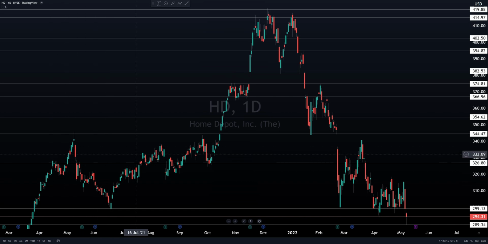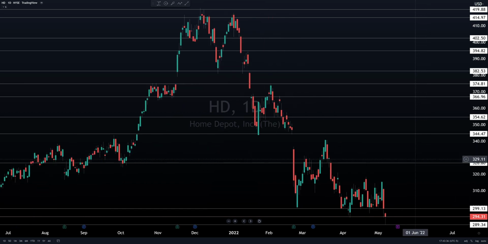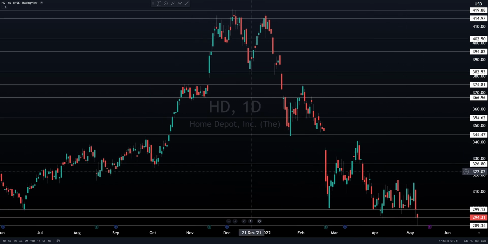Trying to look for things on the left side that can help me justify a level to put there. Okay, so I don't want to randomly just put a level that doesn't make sense. I want it to have some sort of significance. So perhaps we come back to this area, okay? Because I don't see anything clear to just outright mark right now. There's just a lot of up and down chop right here.